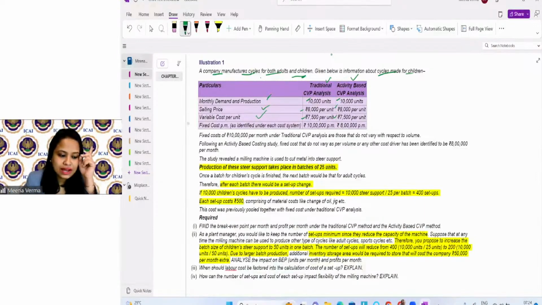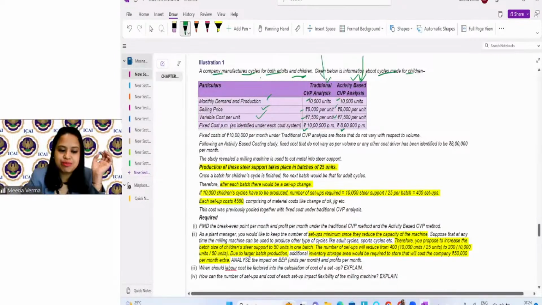So as identified under each system, fixed cost here is 10 lakh and fixed cost in this case is 8 lakh. This is activity-based costing CVP analysis, and this is traditional CVP analysis.